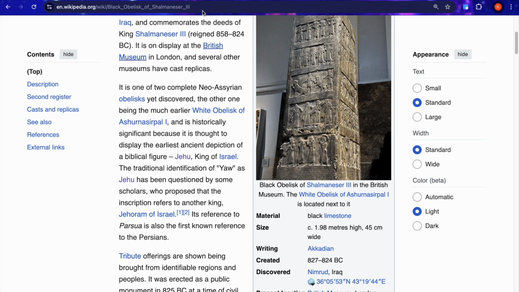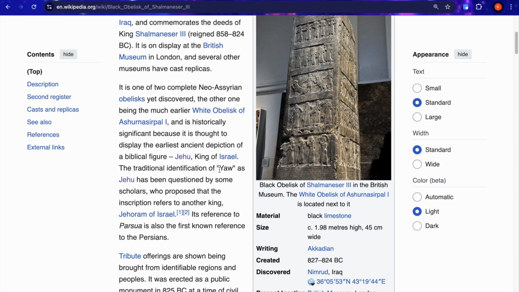You can see this inscription on the stone, the Black Obelisk of Shalmaneser III, depicts images and some descriptions about the notable deeds and feats that Shalmaneser III had accomplished. And on this physical, actual find, Jehu is mentioned, as we're about to read.